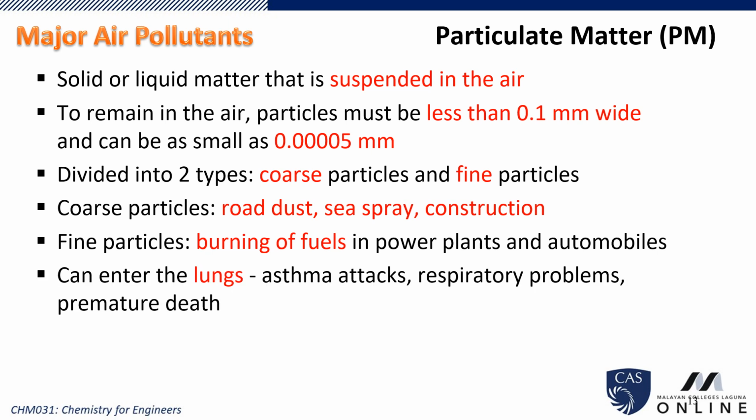Particulate matter can enter the lungs, can cause asthma attacks, respiratory problems, and premature death. We also have two types based on their size. We have PM10, which has a size of 10 micrometers, and PM2.5, which has a size of 2.5 micrometers.